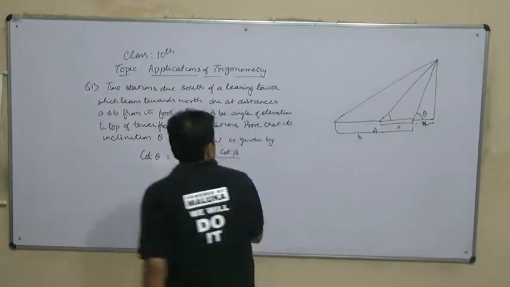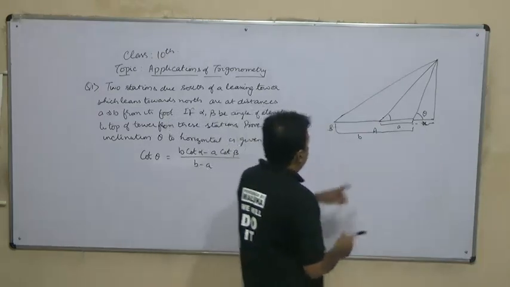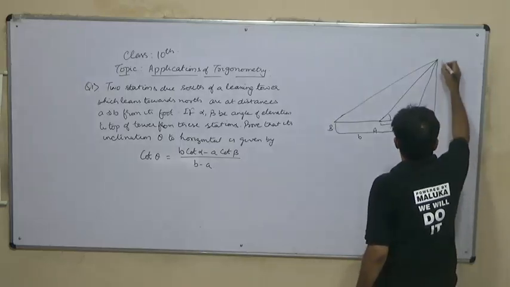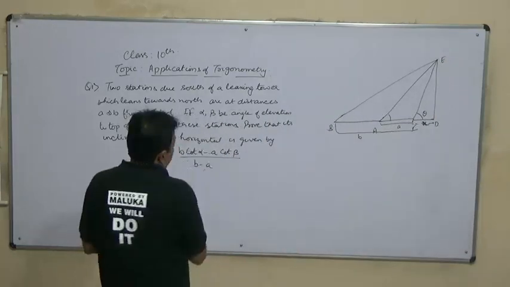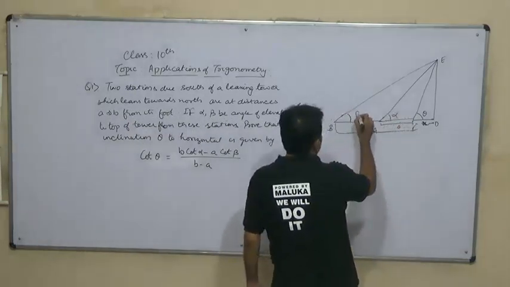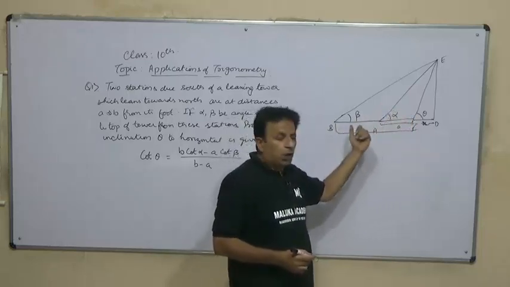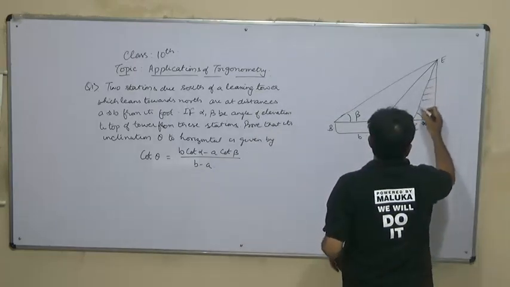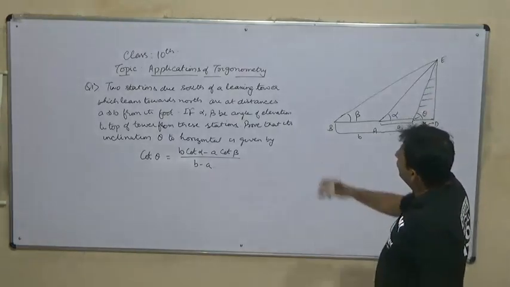Let the distance of the tower's top projection be x from the foot. We have to prove that the angle of inclination theta satisfies cot theta is equal to B cot alpha minus A cot beta upon B minus A. This angle is alpha and this angle is beta. There are two stations A and B due south of the leaning tower, whose inclination with the horizontal is theta.